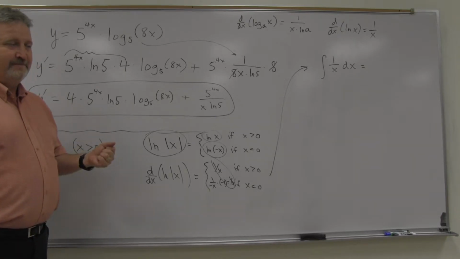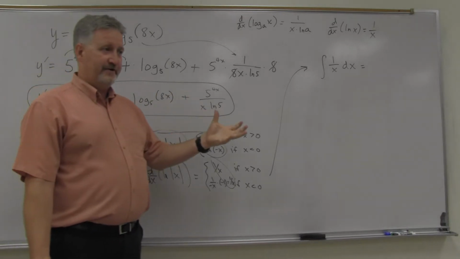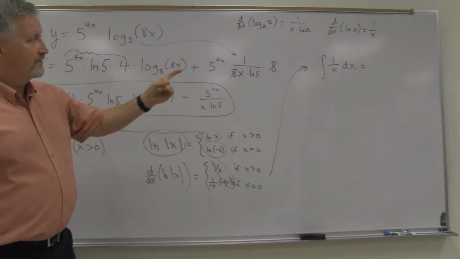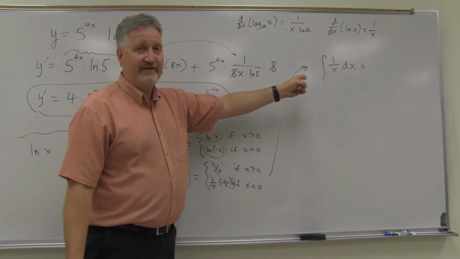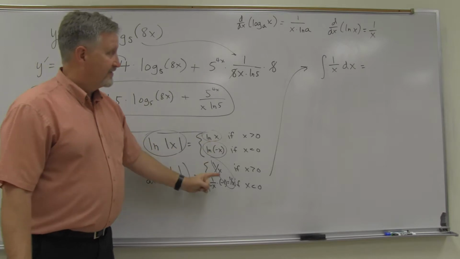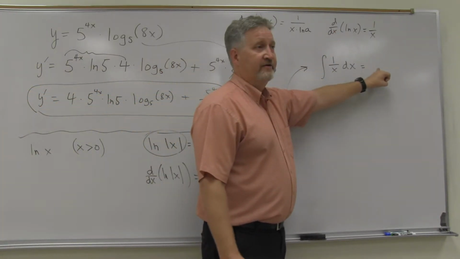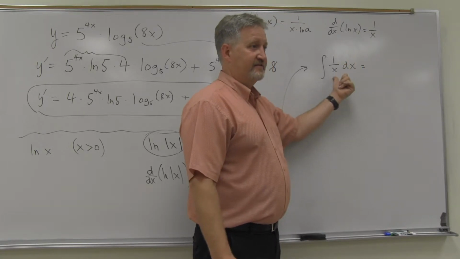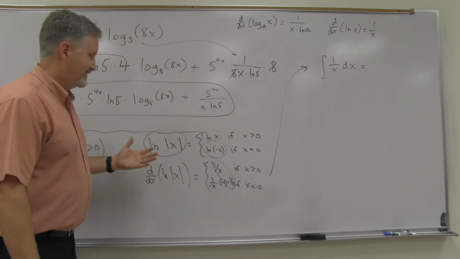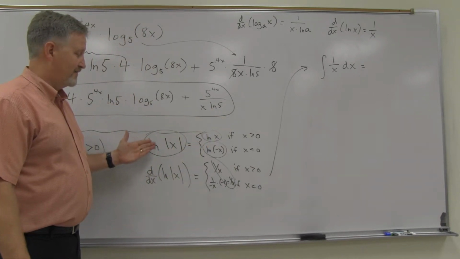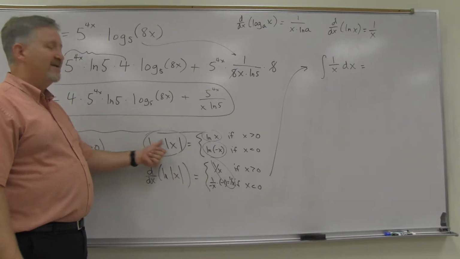Hopefully you see then that besides x equals 0, the integral, which is the antiderivative, would be what? I want a function whose derivative is this. What function has its derivative as 1 over x? ln of absolute value of x.